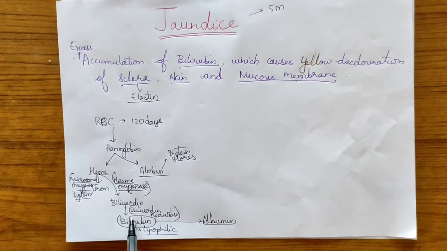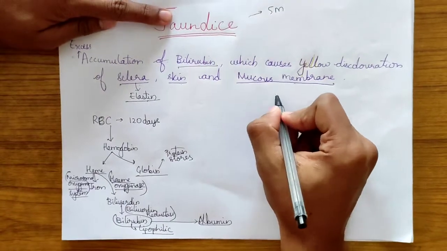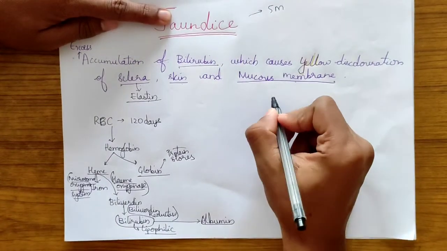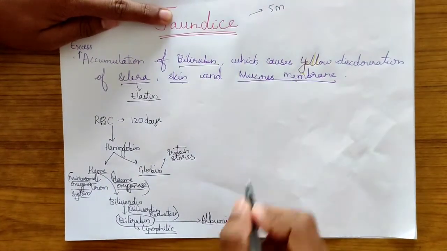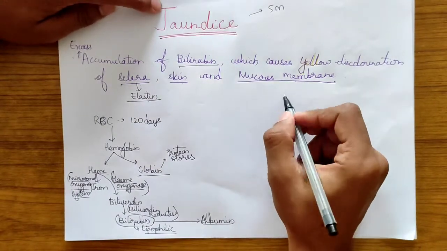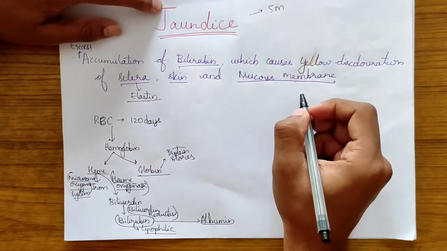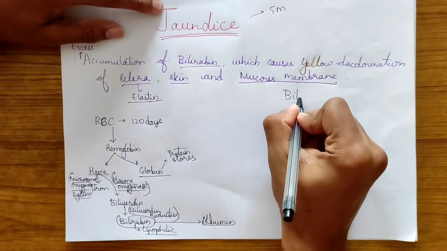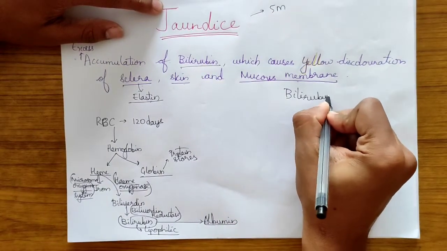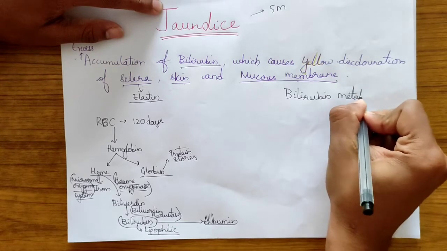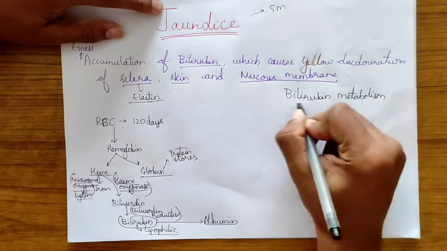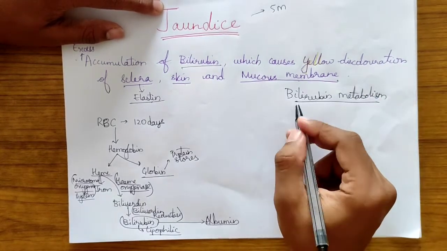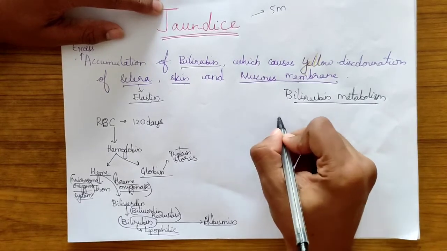So now let's talk about what happens to the bilirubin in the liver. After entering the liver, the bilirubin detaches from the albumin and gets into the hepatocytes. There are 3 steps in the bilirubin metabolism. The 3 steps which undergo in the hepatic cells are, first one is the uptake.